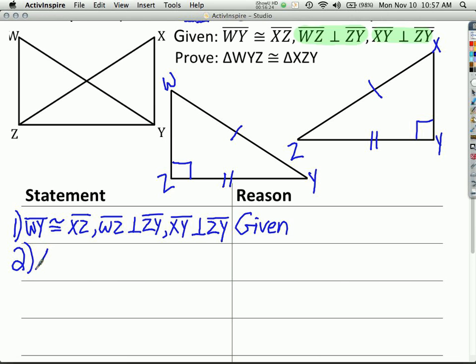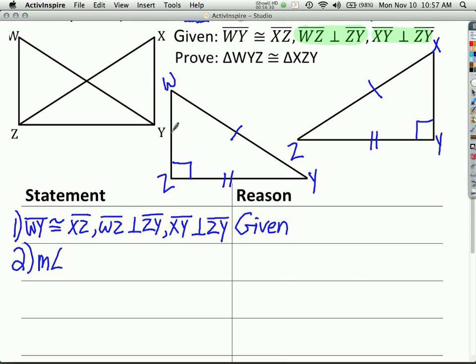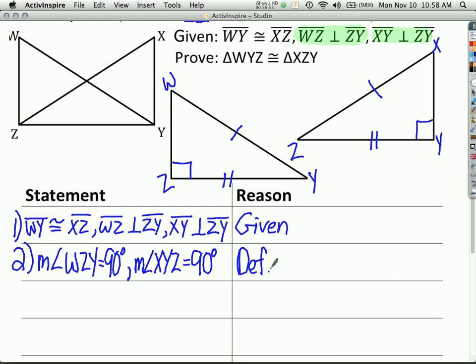So we could say the measure of angle WZY is 90 degrees, and we can also say that the measure of XYZ is 90 degrees because of Ania's deduction that that is the definition of perp lines.